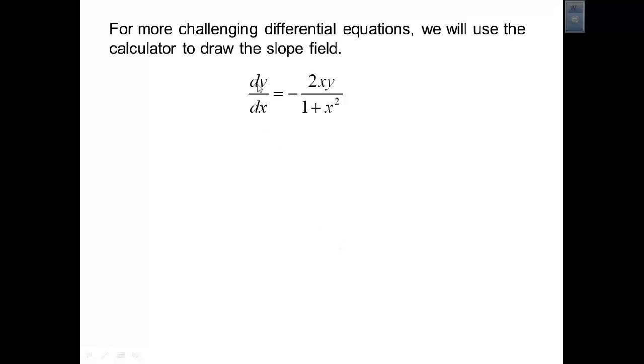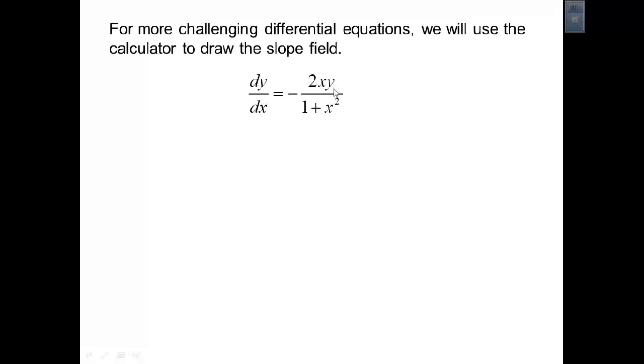So let's, for instance, say we're looking at the differential equation dy/dx is equal to negative 2xy over 1 plus x squared. Now, just to kind of draw a relationship, and yes, I know this is a lot more difficult than the one we just looked at, but more specifically what I want to point out is the fact that since we have both x's and y's in this, we know that we're not going to have vertical columns that are all going to have the same slope.